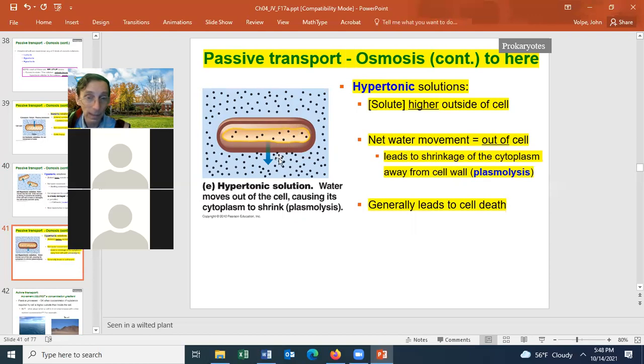So much water will leave the bacteria, then the bacteria will generally die. Now, an endospore can survive, but most common bacteria like E. coli would die. Any question about any of that?